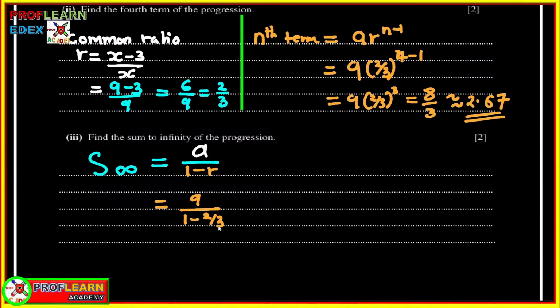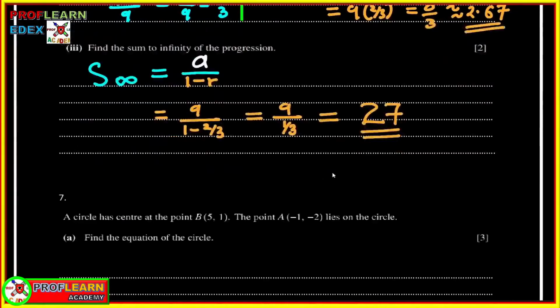Otherwise, for them to give you a sum to infinity question, they must give you a progression that is converging. So basically, what you need to know is how to use the formula and what comes where. And our final answer now becomes that.